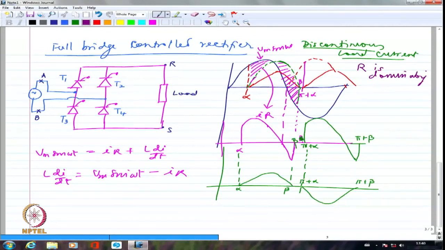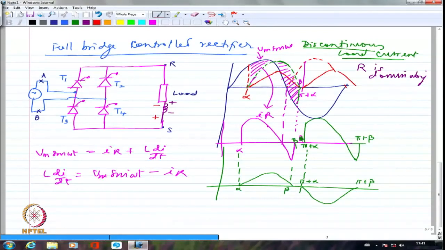Please understand, the moment this point, pi, is crossed, I will not have T1 and T2 forward biased by the supply anymore. The supply cannot forward bias them, right? The only way to forward bias the devices is if I have an inductance here. Instead of having plus here and minus here when it was absorbing energy, now when it is releasing energy, it will become plus here and minus here.